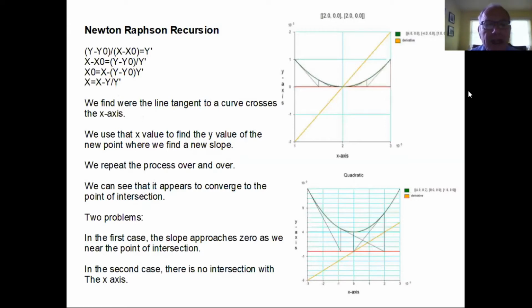The Newton Raphson technique basically makes use of the fact that we can approximate the slope at a point in the curve with the equation delta y over delta x equals the derivative.